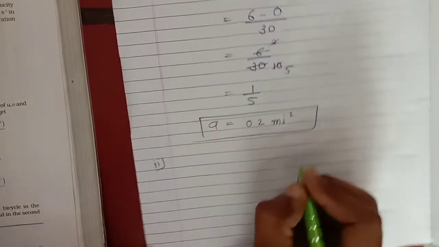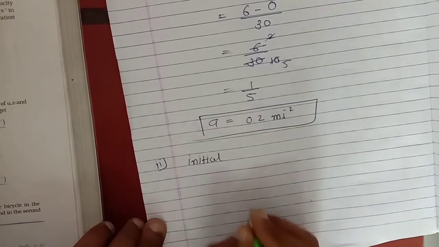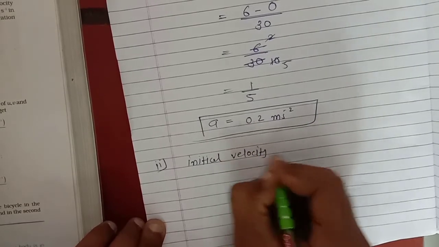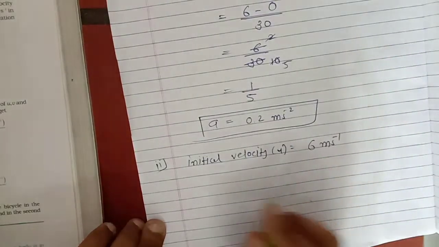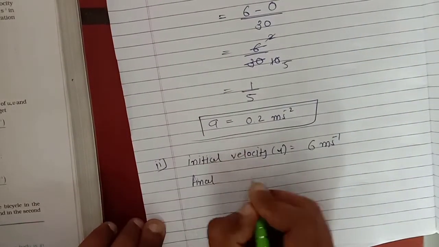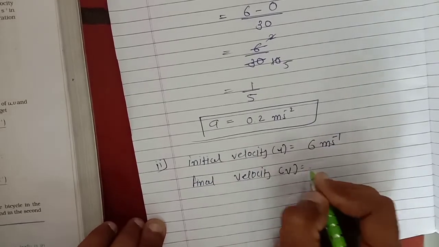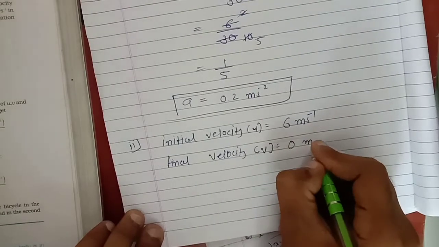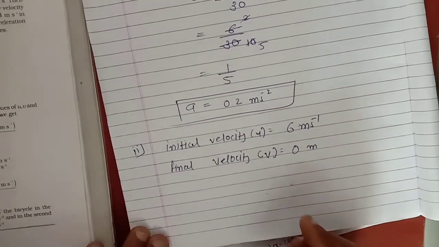Now the second case. For the second case, we apply the brake after 6 meter per second. So the initial velocity is 6 meter per second, and the final velocity v is what? The final velocity is given, it comes down to 4 meter per second.